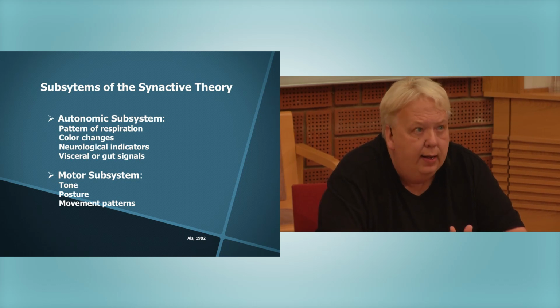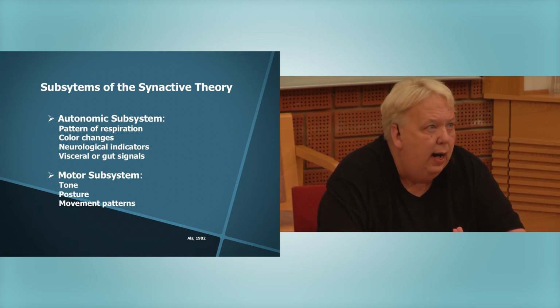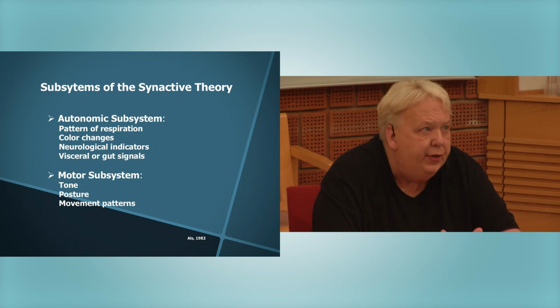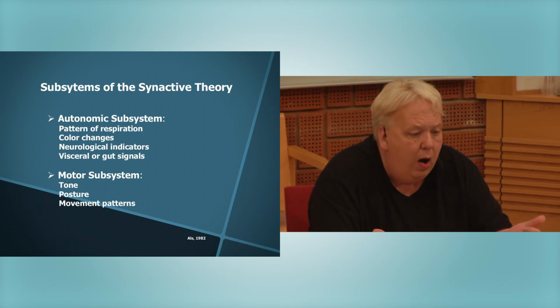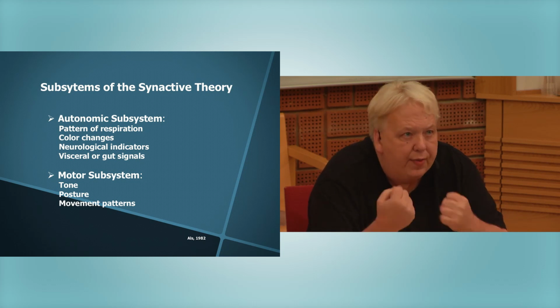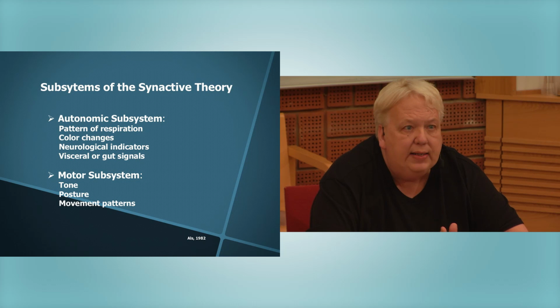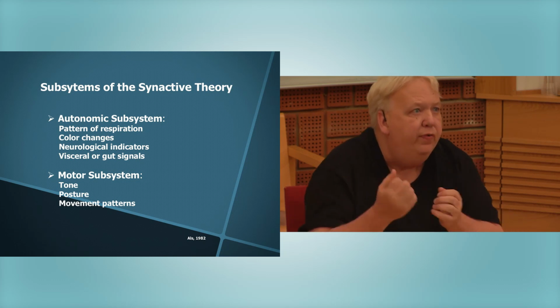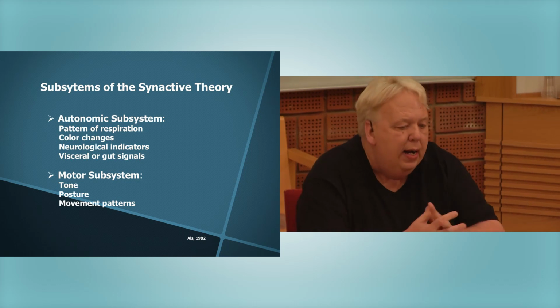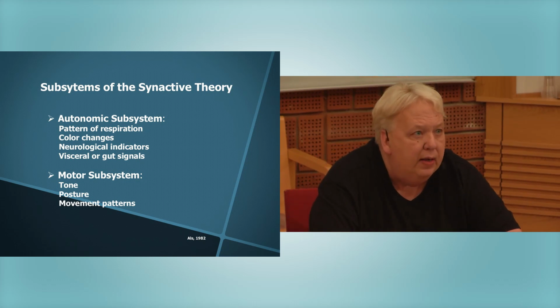Neurological indicators such as seizures, tremulousness, or twitches, and visceral or gut signals, such as hiccups, or what we call BM grunts, where they bear down. And then we move into the motor subsystem, reflected in the tone of the infant, the posture the infant moves him or herself into, and the movement patterns of the infant as far as flexion and extension patterns.